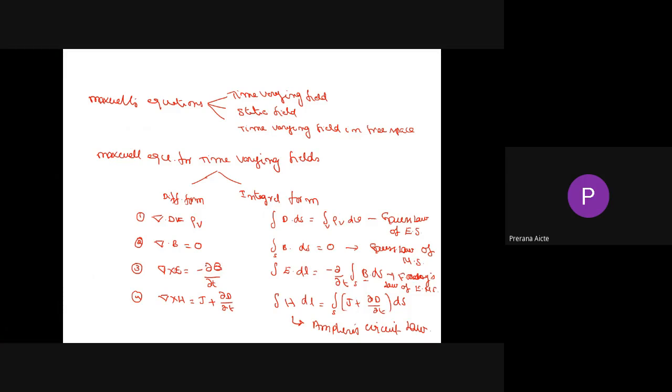That's why this electric field and magnetic field are related by Faraday's law of electromagnetic induction. So this equation we call Faraday's law of electromagnetic induction, that is integral of E dot dL is equal to minus dou by dou t of integral of B dot dS. And the last one is del cross H is equal to J plus dou D by dou T, that is magnetic intensity in terms of current J. In integral form, integral of H dot dL is equal to integral of J plus dou D by dou T dot dS. This equation we call Ampere circuit law.